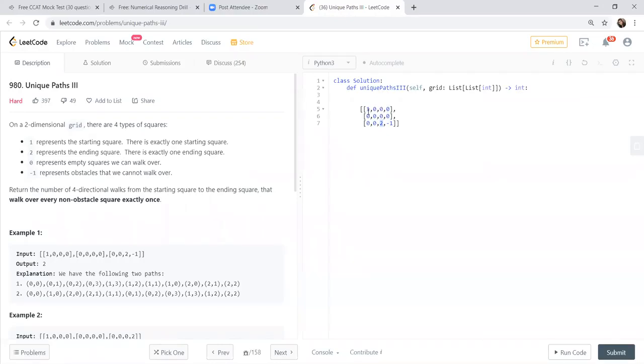So for example, over here they are going 0 0 0 1. I think they are going like this. I believe it's the first row starting from 1, traverse all, and then down, then to the left, and then down, and then to the 2.